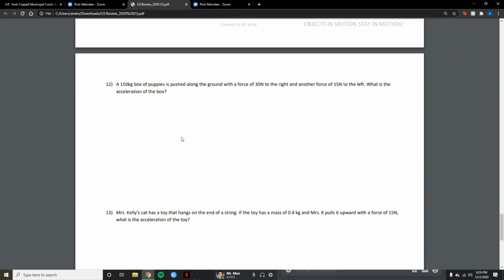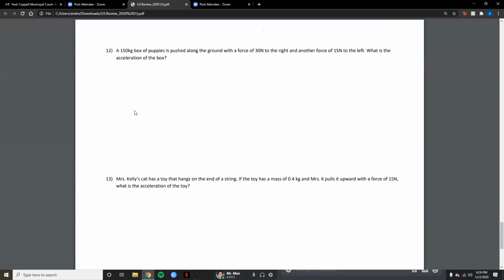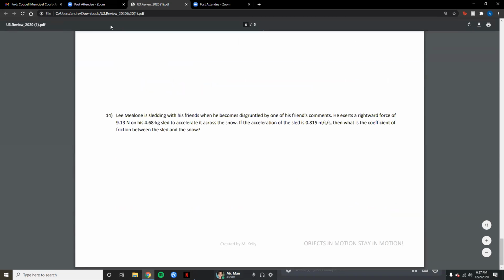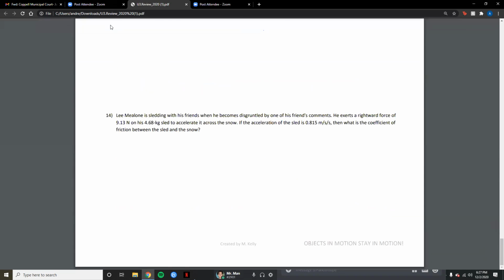Alright. Anyone have any questions about 13, 12, or 11? Oh, this does not look fun. Okay. Lee is sledding with his friends when he becomes annoyed by one of his friends' comments. He exerts a rightward force of 9.13 on his 4.68 kg sled to accelerate it across the snow.